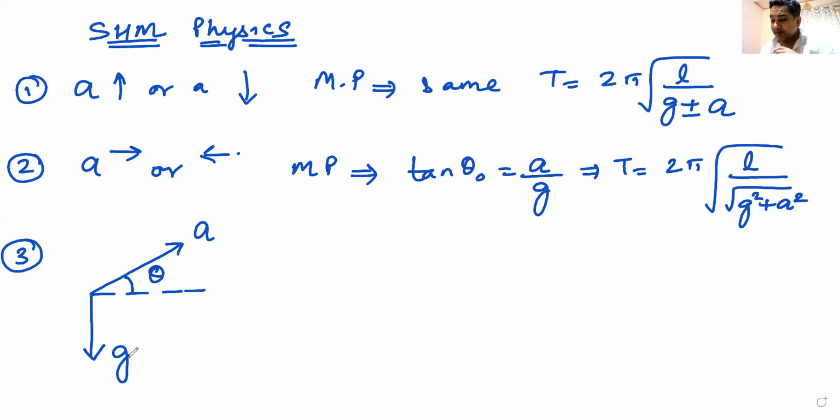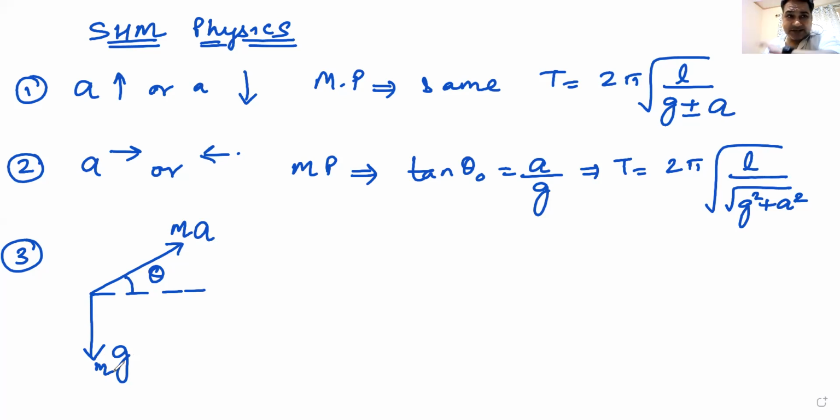So basically what I'm saying is your ma is like this and your mg is like this. Your mass into acceleration is like this.